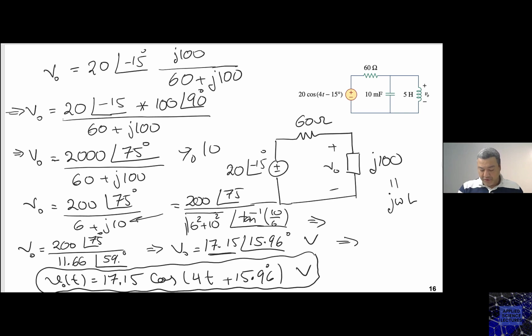I have the magnitude, 17.15, and I have the phase angle as well. So this phasor has a magnitude and a phase angle.